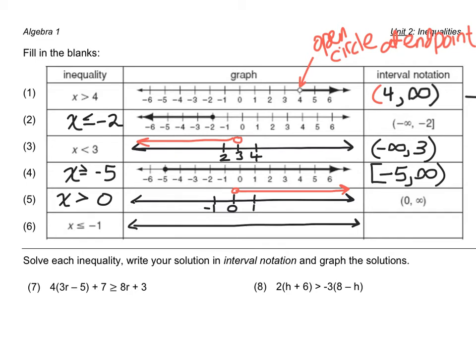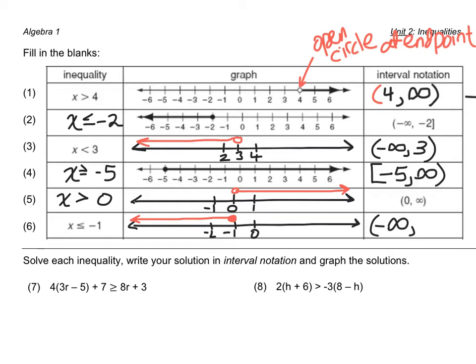All right, so the number line for the last one, -1, I'll put a -2 here. I'll put a 0 here. What's going above the -1? Closed circle. Direction? To the left. So in interval notation, I'm starting off where? Negative infinity.